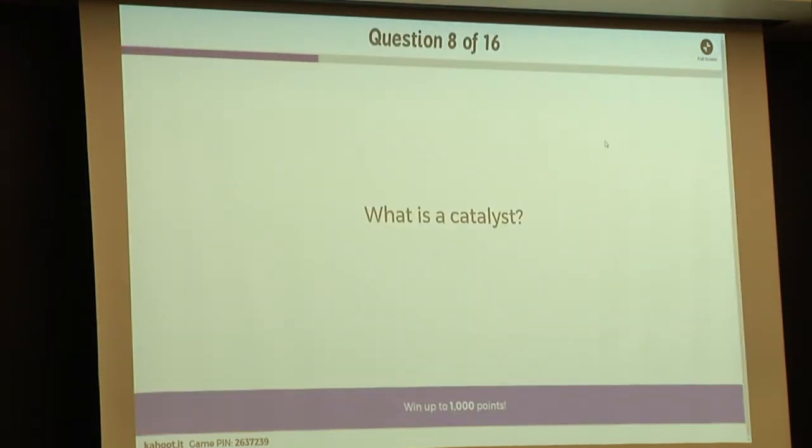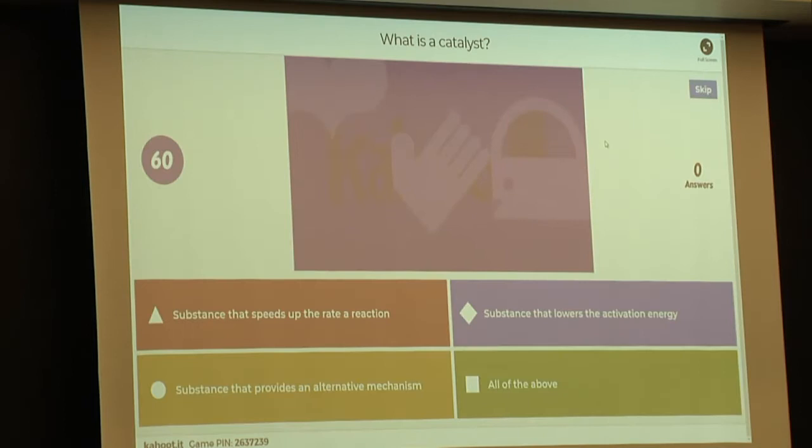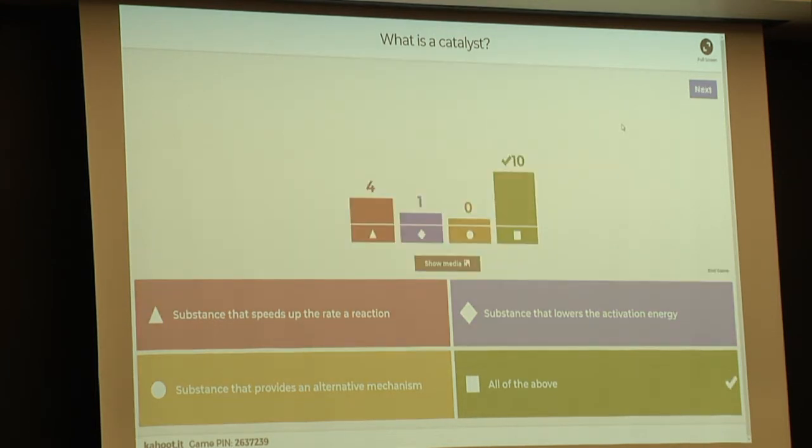What is a catalyst? So all of these are what a catalyst does and what a catalyst is. Next, yeah.